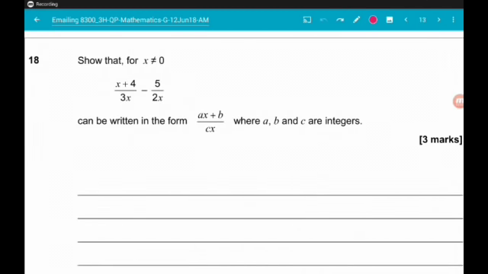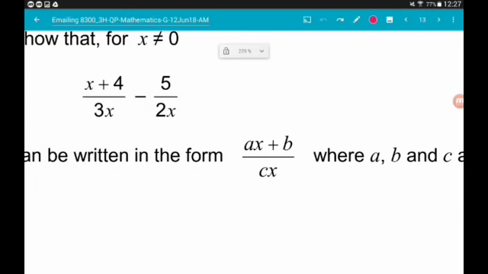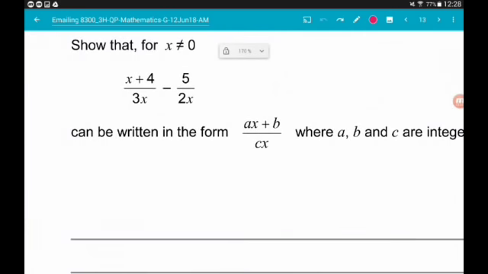Question 18, so we've got some algebraic fraction fun. I'll put my playlist down below. So we want to show that for x not equal to 0, x plus 4 over 3x minus 5 over 2x can be written in the form ax plus b over cx, where a, b and c are integers.